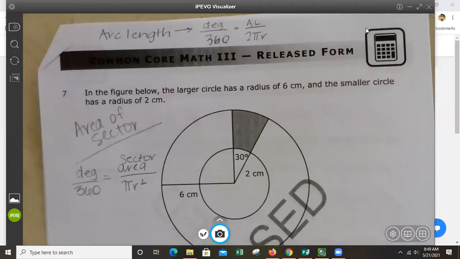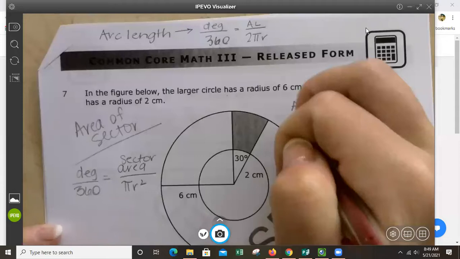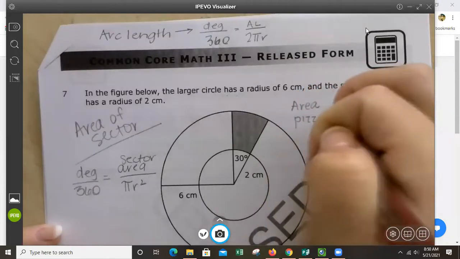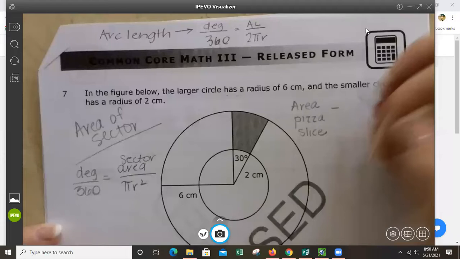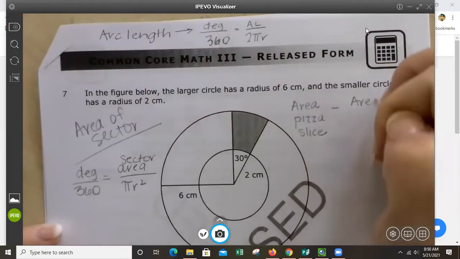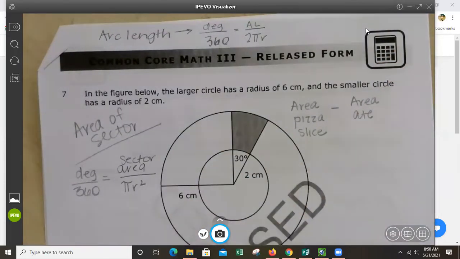So if I eat it, is that adding or subtracting? We're subtracting, okay? So this is what we're doing. The area of the pizza slice, the whole slice, minus the area I ate so that I can get the crust. So everybody got that? Does that make sense?